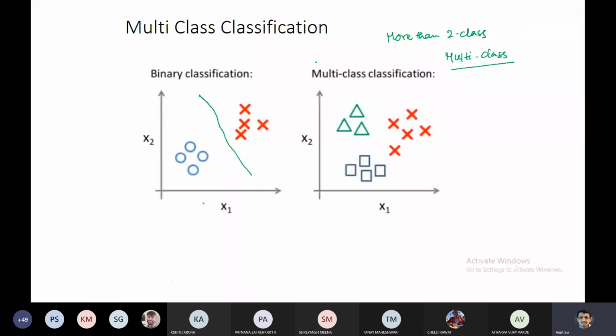Ultimately, when we join these, this is going to be your multi-class, or 3-class, classification.